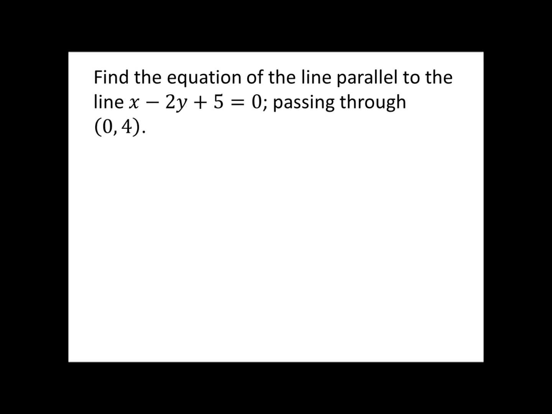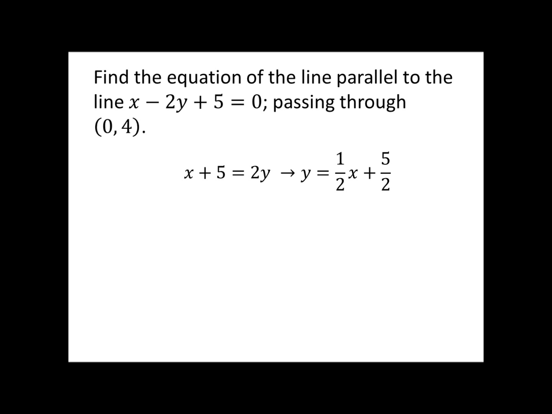Let's find the equation of the line parallel to the line x minus 2y plus 5 equals 0. So that line's in general form, and it's passing through the point 0, 4. Again, they're telling us our b value. So the first thing we need to do is actually take the equation given in general form and put it into slope-intercept form. We move the 2y over because it's negative, and then we divide by 2.